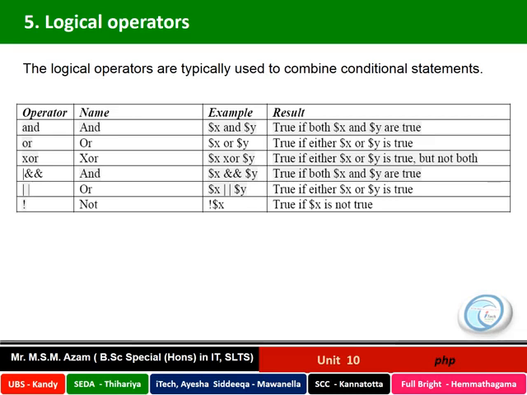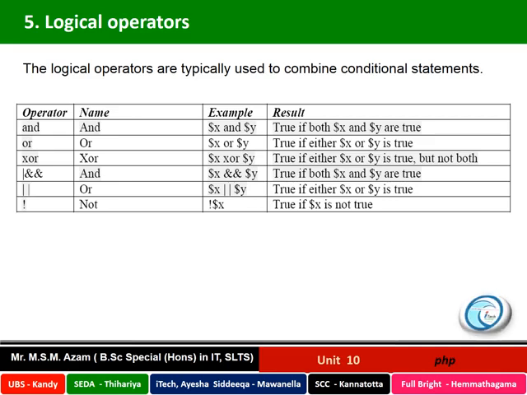Second, OR operator. I say $x or $y. It produces true if either $x, that means value of x, or value of y is true. Then the third operator is XOR operator. See the example, $x XOR $y.